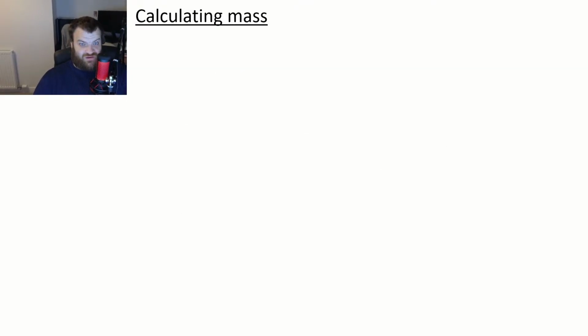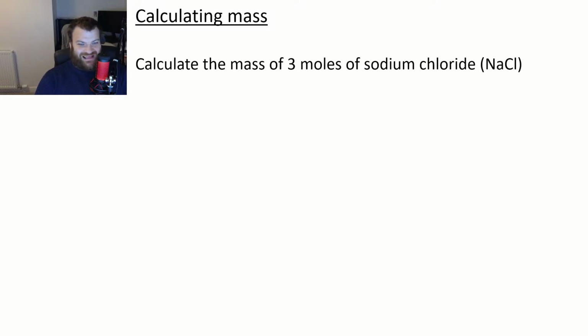We could be asked to rearrange that relationship in order to work out the mass of a substance. In this question, we're asked to calculate the mass of 3 moles of sodium chloride. We're given our number of moles. We're asked to work out our mass. We're given a formula, meaning we can work out the formula mass.